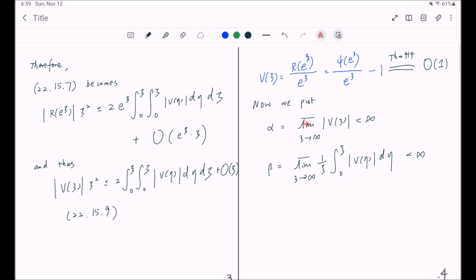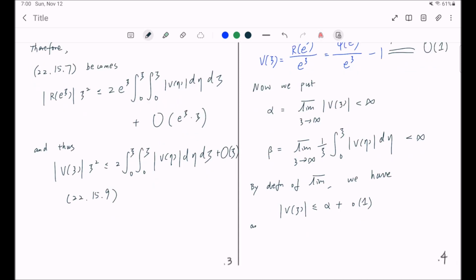By the definition for lim sup, we must have the absolute value of v of eta bounded by alpha plus some little o of 1, where this little o of 1 means a quantity that goes to 0 as psi goes to infinity.